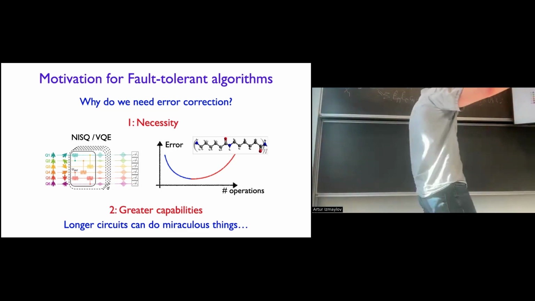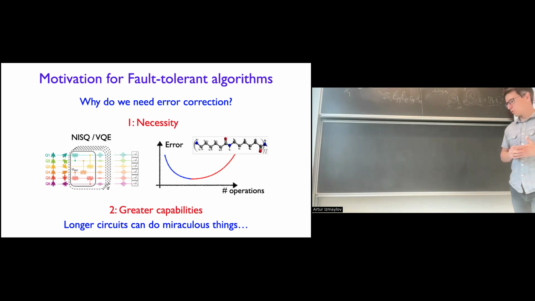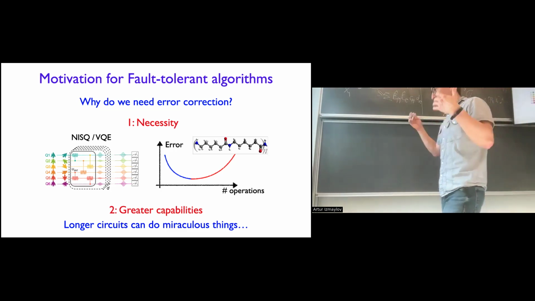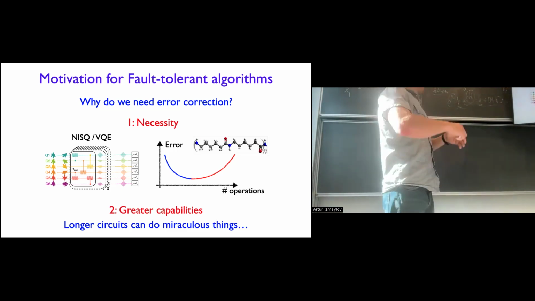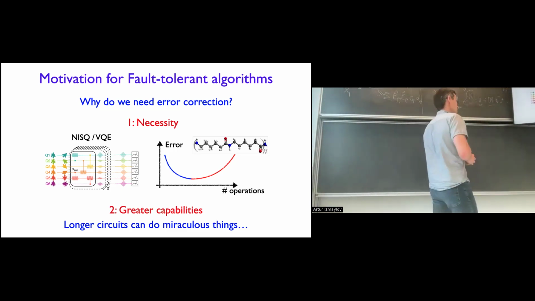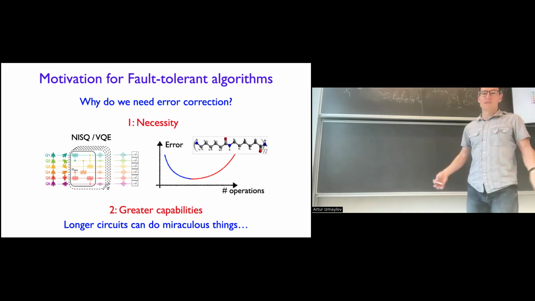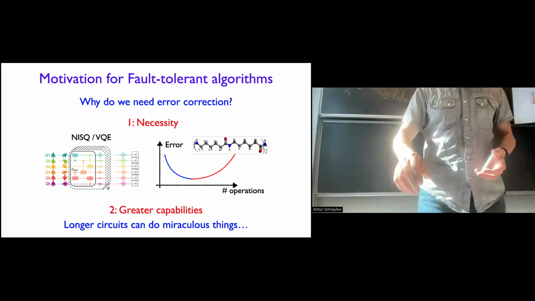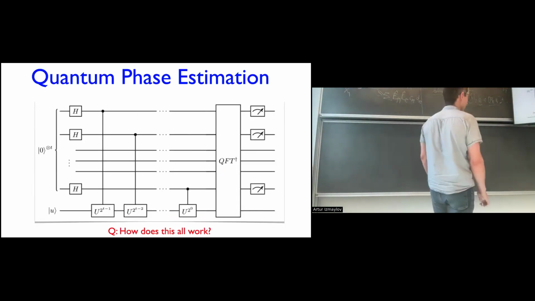It also allows you to make bigger circuits, and it turns out that with bigger circuits you can think somewhat differently and create algorithms that are not just substituting what we do in electronic structure with unitary transformations. There are other approaches one can explore, right? And this is what we'll be talking about.